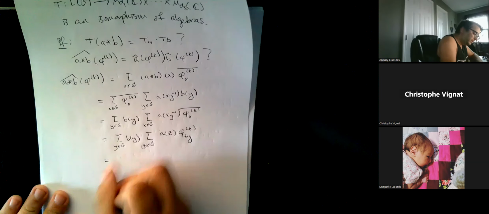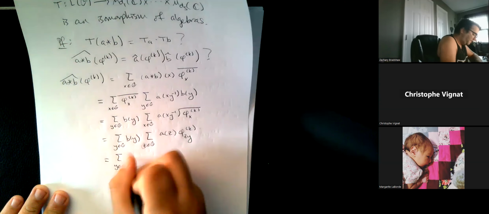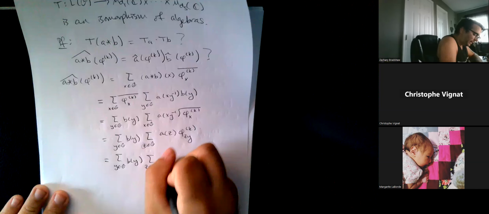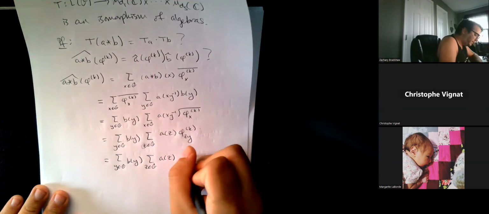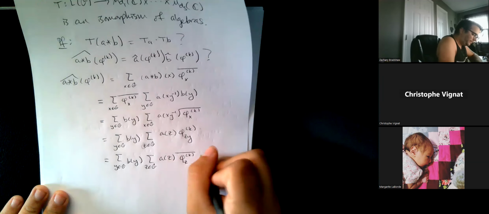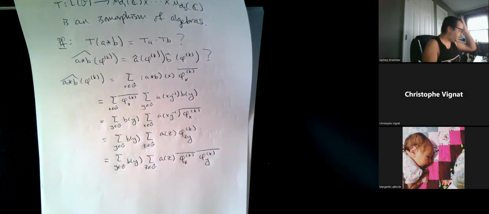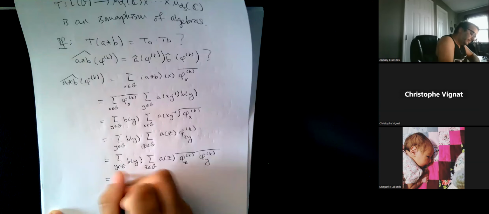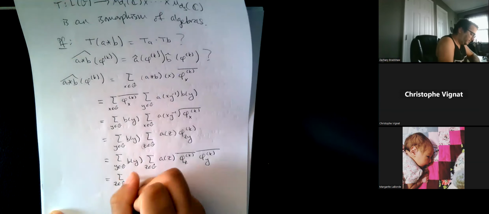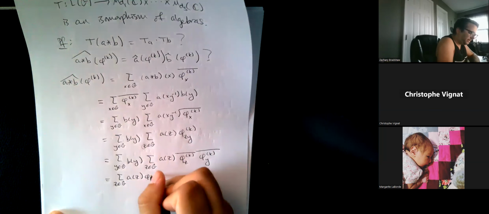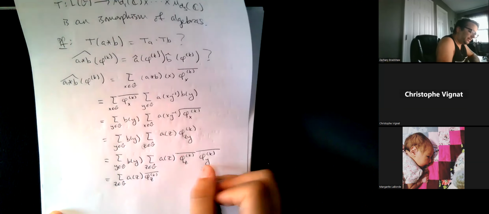And then this is equal to the sum over y in G of B of y, sum over z in G of A of z, and then this is a homomorphism. And so we're allowed to split this up into a product. All representations are homomorphisms. And now we swap the sums again. Well, I do swap the sums, but you don't really need to, I guess.